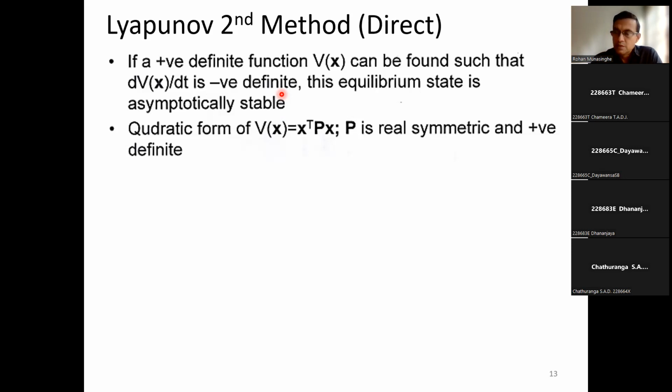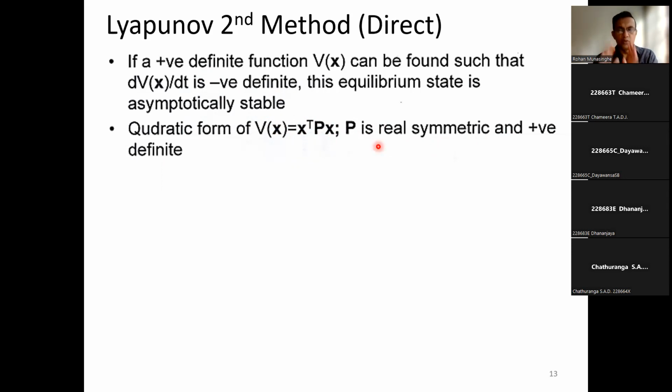That is one thing. The second thing is the most common energy function, or positive definite function, which is x transpose P x. X is the state vector, you take the transpose, it becomes like a row, and then you have P, right? P is a real symmetric and positive definite matrix, okay? Matrices also can be positive definite, negative definite, and so on.